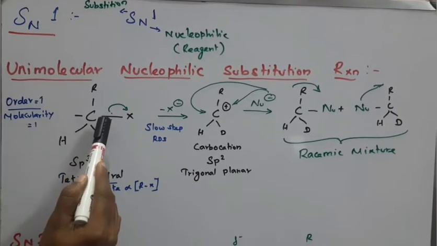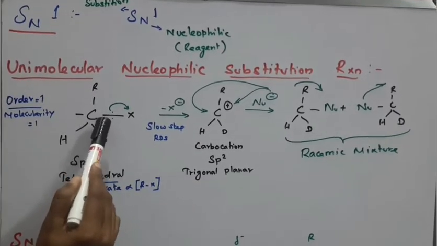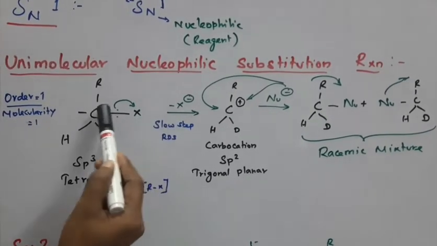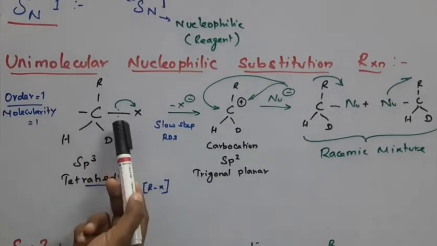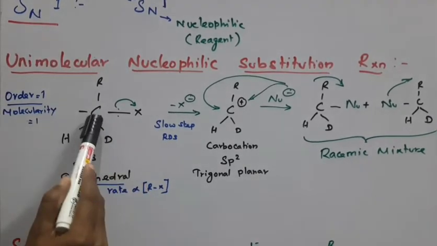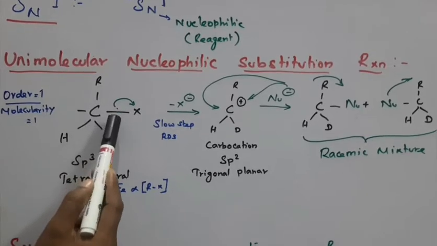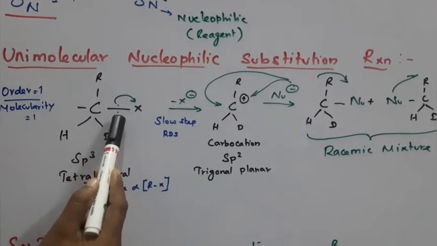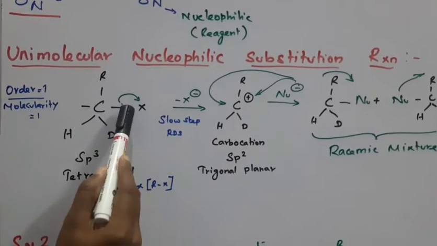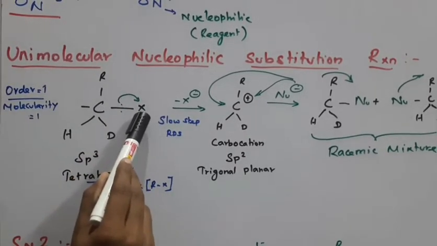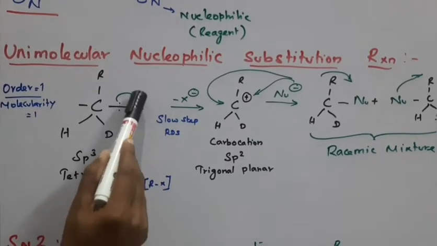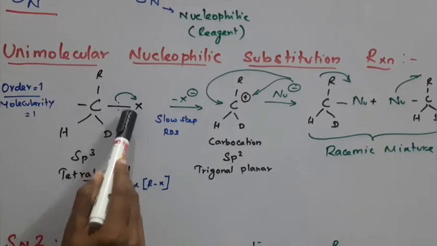It cannot attack directly when the nucleophile is very weak. Meanwhile, in the alkyl halide the pair of electrons is present here. The halogen is highly electronegative, so it attracts the pair of electrons toward itself and attains a negative charge. This halogen is a best leaving group.